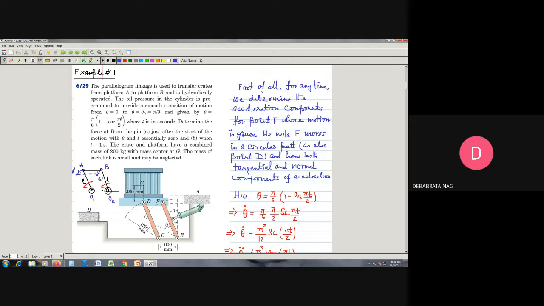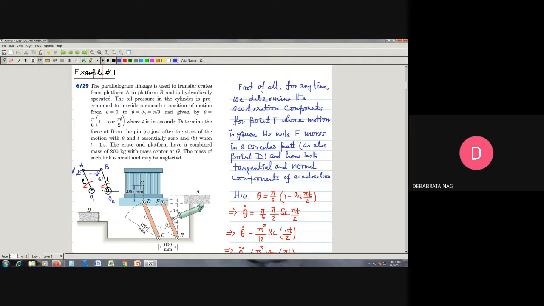If there is no change in the orientation of the body, then we can plainly say that the body is undergoing a motion which must be translational in nature, because if there is any rotational component, then there will be a change in the orientation of the body. So in this case, the connecting rod AB will move to the location A prime B prime, where A prime B prime will be parallel to AB, and there is no change in the orientation of this connecting rod.